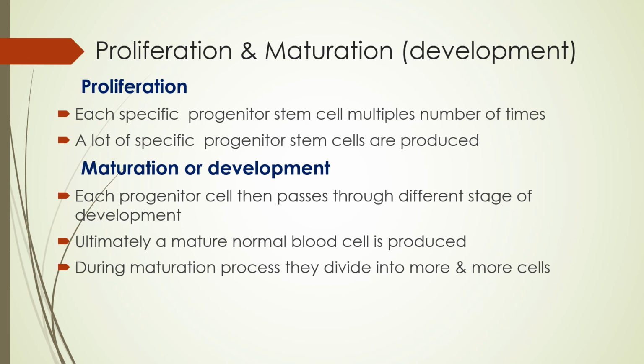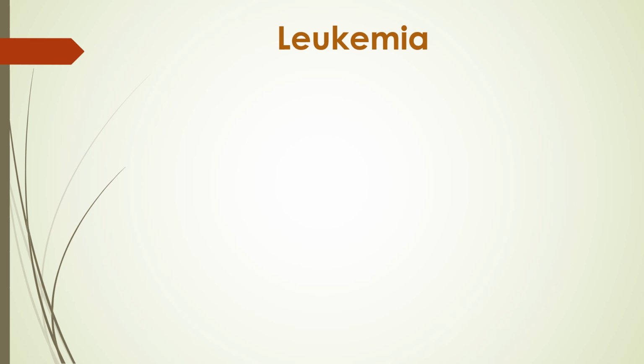And as we have already discussed clones, we should also have a clear concept of the clones. Leukemia. A genetic lesion or abnormality occurs in a single clone of hematopoietic stem cell. This abnormality may be a translocation, balanced or unbalanced, or a mutation.